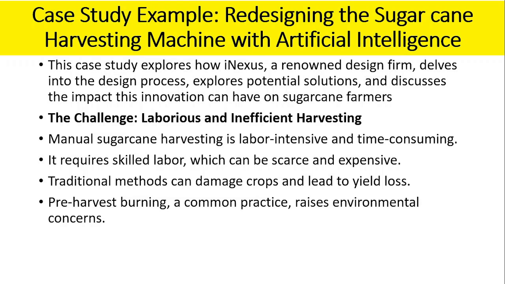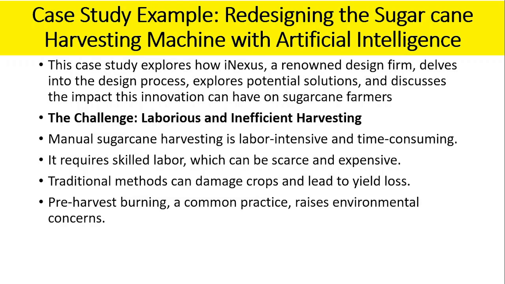Yes, manual sugarcane harvesting is labor intensive and time consuming, which is the problem I stated from the case study analysis. And it also gives some causes. It requires skilled labor, which can be scarce and expensive. Not all laborers have the money to procure that equipment, and they may go for a rental basis.